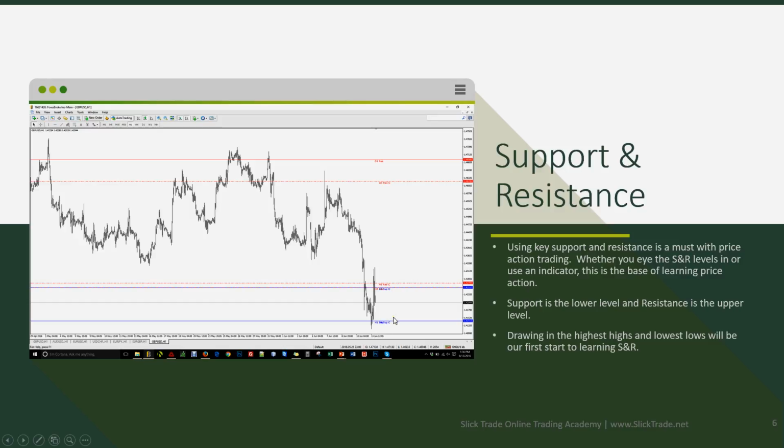Drawing in the highest highs and the lowest lows will be the start to learning support and resistance. In this example, this daily resistance is our highest level of resistance, and it looks like hourly and daily support right here, this bottom blue line is our lowest support.